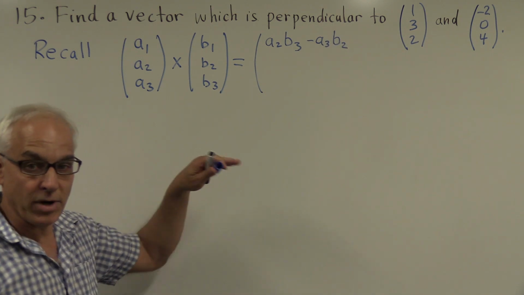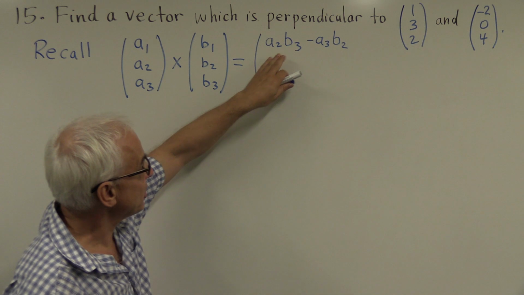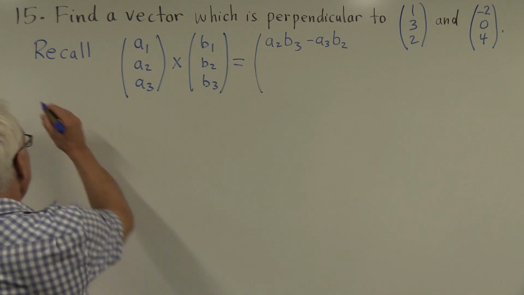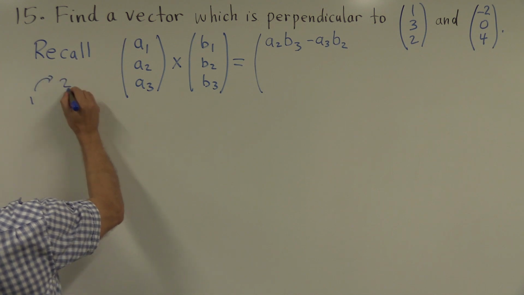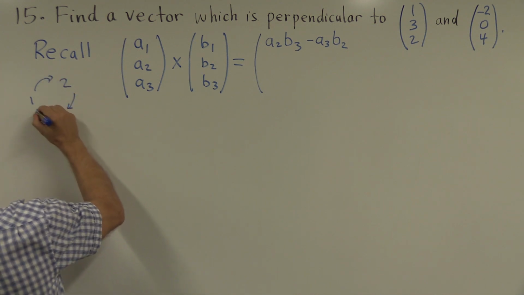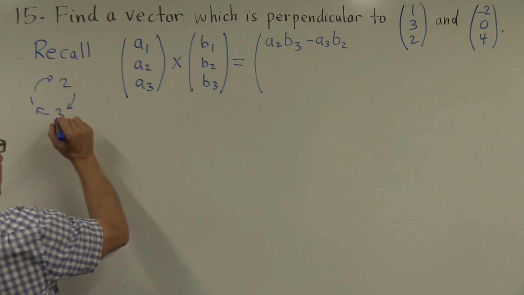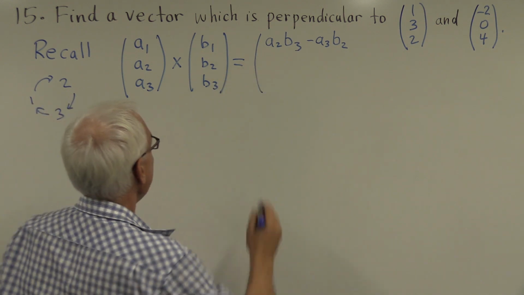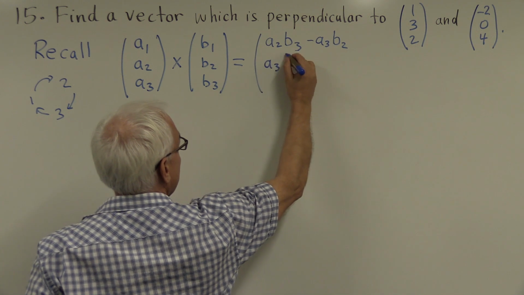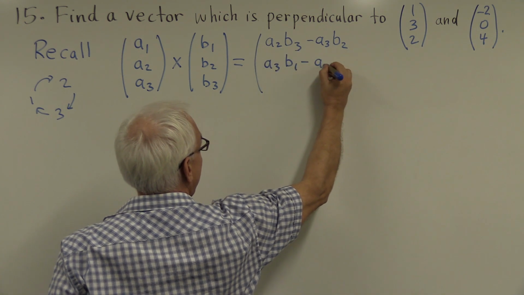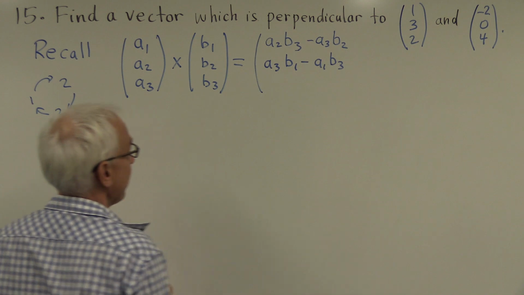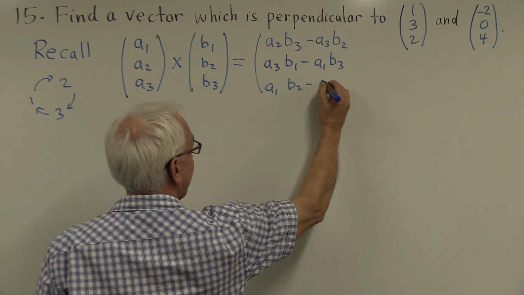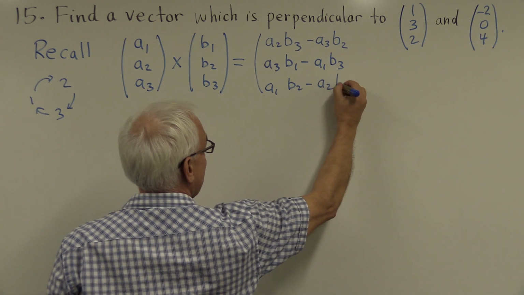And the subsequent entries are just the same as this one, but with the indices rotated around. You can sometimes keep this little mnemonic in mind. 1 goes to 2, 2 goes to 3, 3 goes to 1. So the next one would be a3 b1 minus a1 b3, and then a1 b2 minus a2 b1.